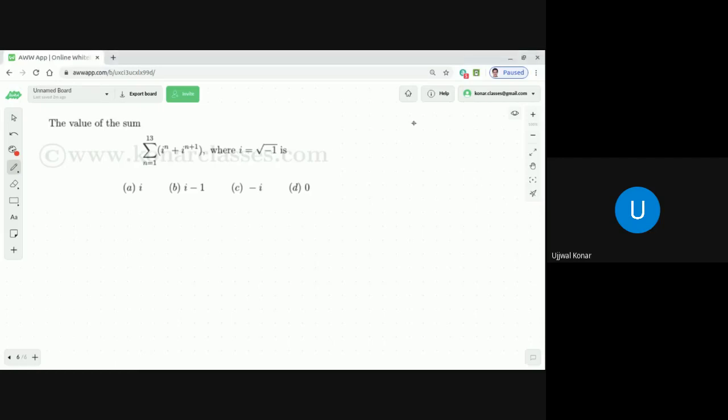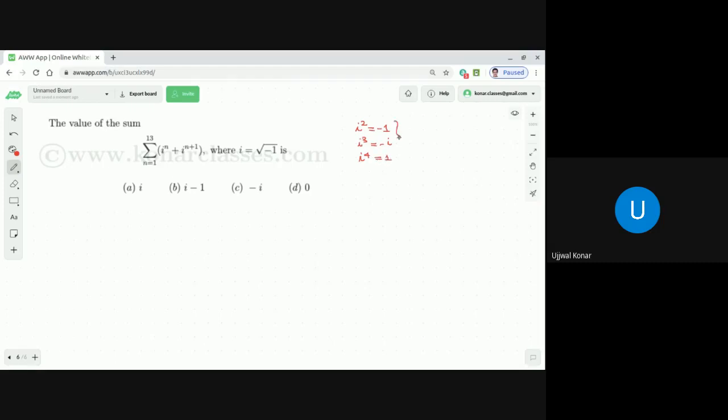There are two ways you can approach that. We just learned that i square is equal to minus 1. Then i cube is equal to minus i, and i power 4 is equal to 1.